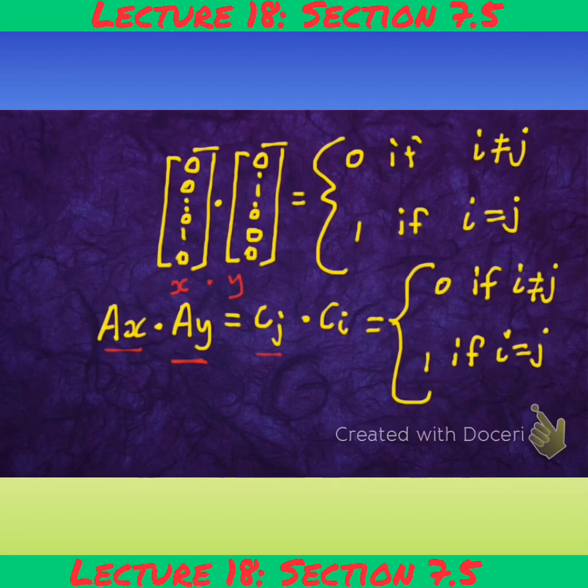Right, so basically if i is not equal to j, what this implies is that if I take the dot of two different columns, then the columns are going to be orthogonal. Columns are pairwise orthogonal.